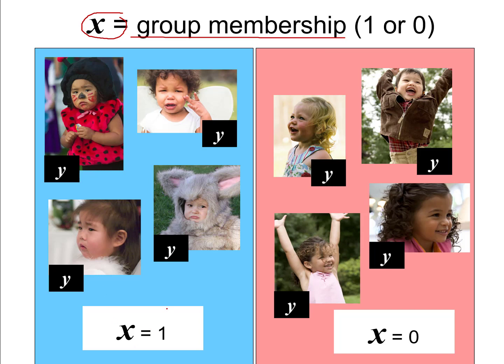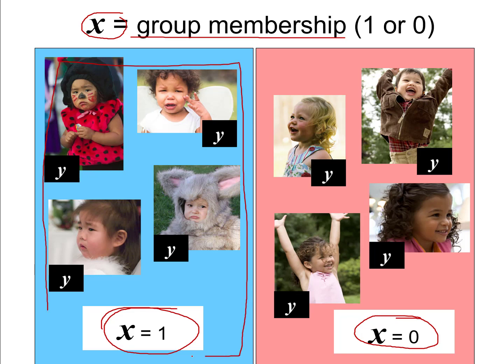So in this example, I'm going to say that my treatment group is group 1 and my control group is group 0. So I'm going to say everyone that's in this treatment group, all the children that are forced to wear costumes, they're in my treatment group, and so their score on the x variable is 1. X equals 1 for every single person in the treatment group, and x equals 0 for every single person in the control group.